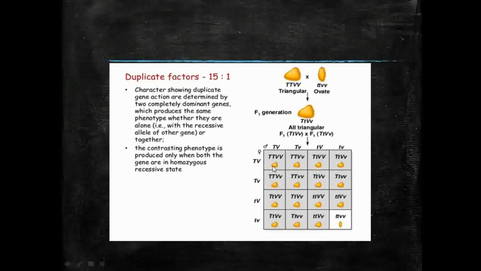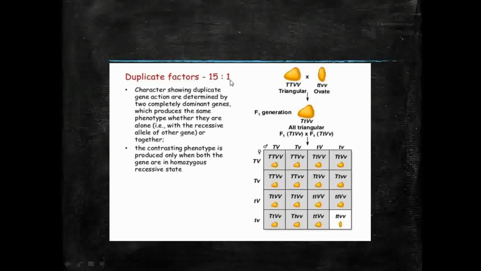So if we count all the fruits, 1 2 3 4 5 6 7 8 9 10 11 12 13 14 and 15. So this is giving you 15 is to 1 ratio. So duplicate factor or duplicate genes gives you the ratio, that is 15 is to 1.